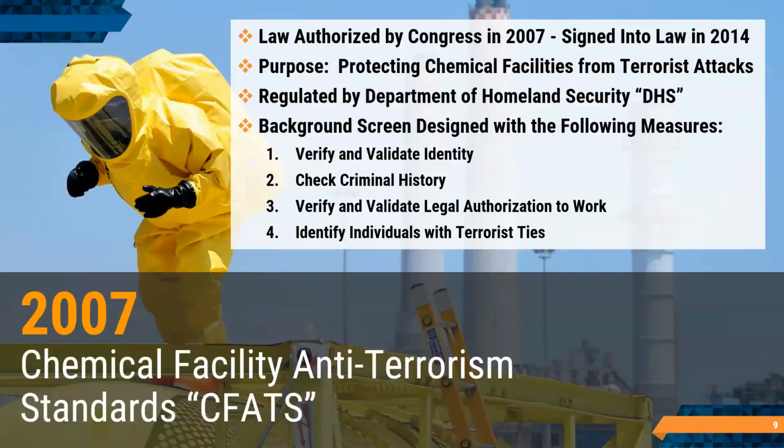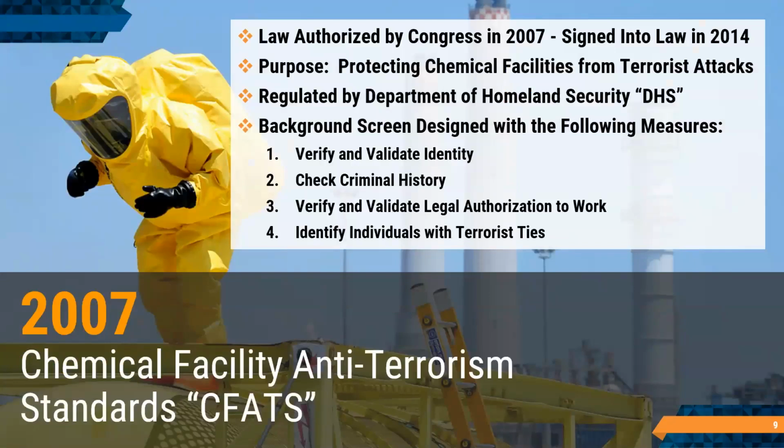Now, 2006, this program was developed within the energy industry, and this preceded the 2007 implementation by the government and by Congress of what's known today as CFATS, the Chemical Facility Anti-Terrorism Standards. The focus here was to protect chemical facilities from terrorist attacks, and this program was regulated by Department of Homeland Security.